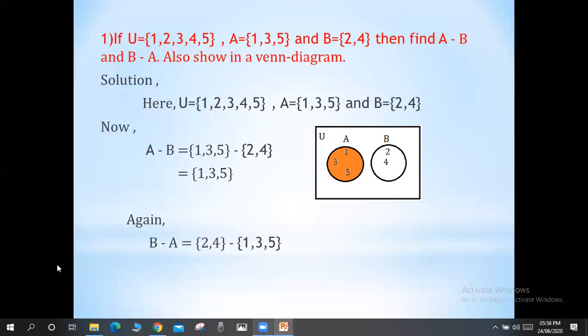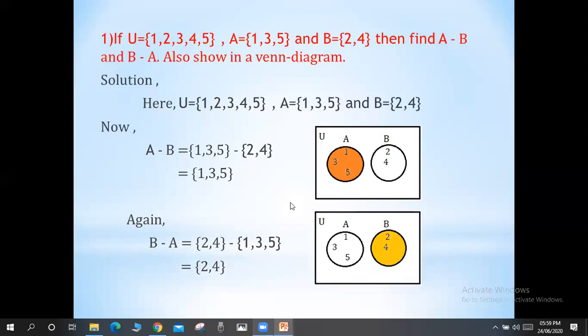Again, B minus A, and here also the same concept. B minus A is B itself because B and A are disjoint sets. You can see in the figure that in this case also the questions are the same and the Venn diagram is the same, only the shaded parts are different.